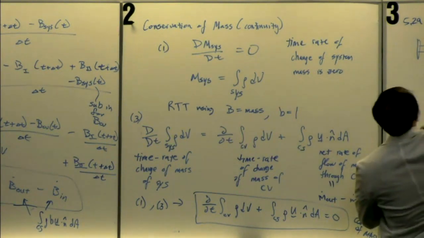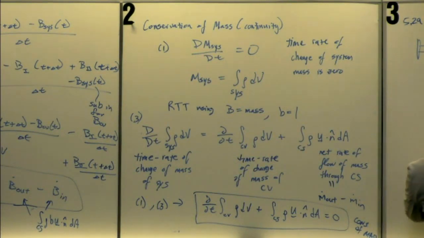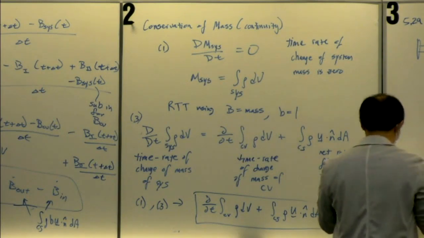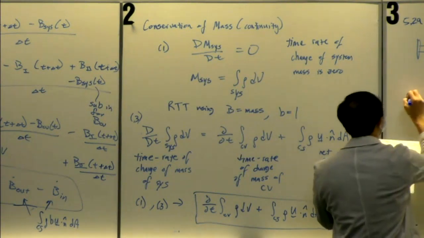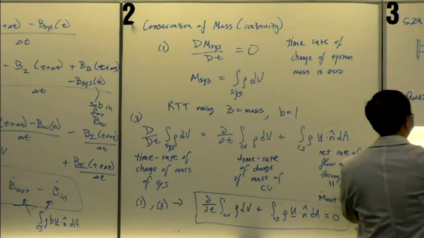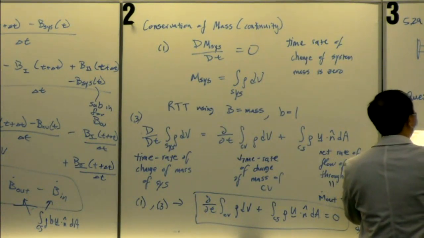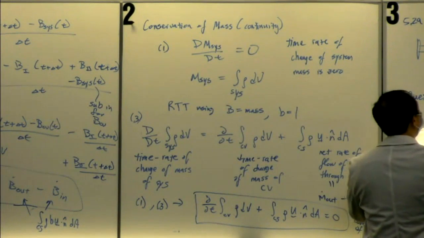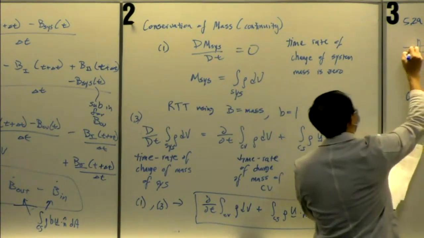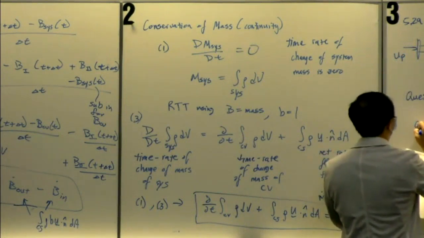So this is the leaky syringe. So the question is, you're trying to figure out the rate of the plunger, the speed of the plunger. So we'll call this UP.